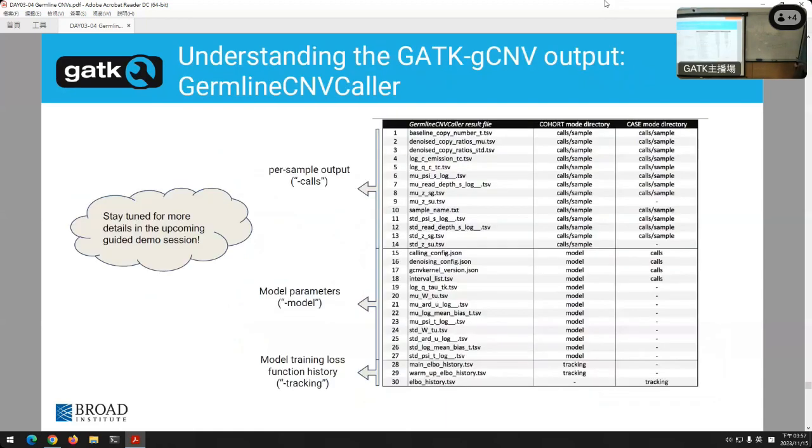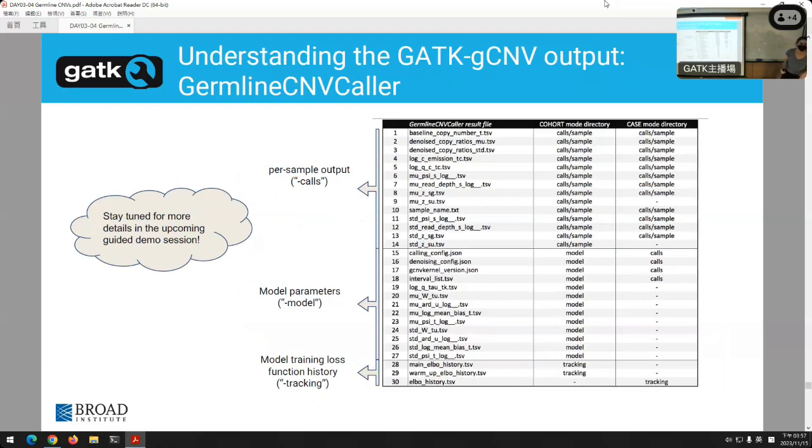Okay, so you run GCNV. What do you get out of it? We will actually do a demo of this tomorrow, but I'll just tell you on a high level here what you can expect. So out of Germline CNV Caller, which is where we have trained the model, you get some sort of per sample output: what is the copy number at various intervals in that sample?